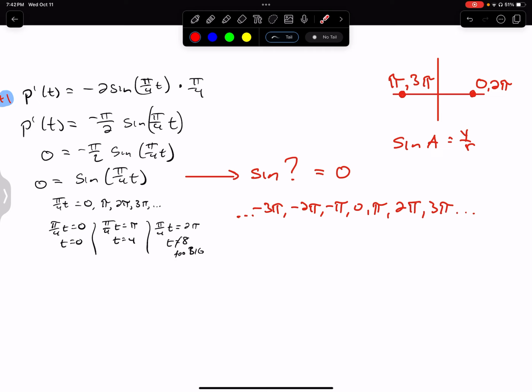To get t by itself, multiplying both sides by 4 over pi, we're going to get 0, we're going to get 4, we're going to get 8. If you just look at the pattern here, if we continue this forever, these are the numbers that we're going to get. This is what t is equal to, each of these numbers.